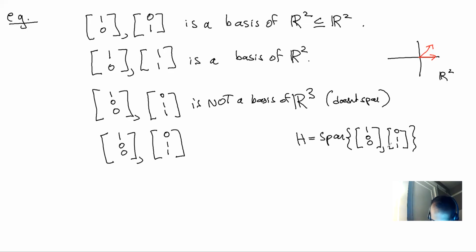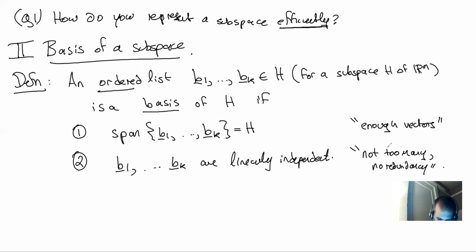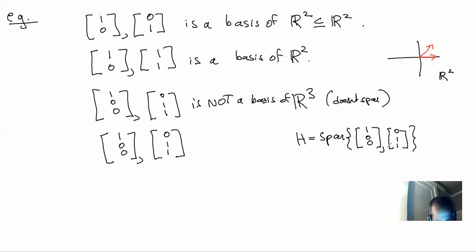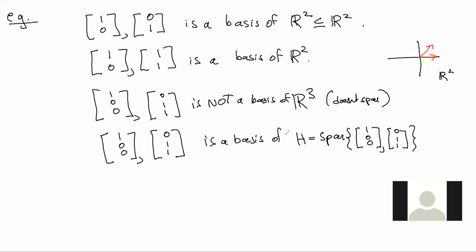When in doubt, check the conditions. Yes, somebody said yes. Why? Because H is the span of those two vectors. Yeah, but there's another condition. They're linearly independent. So are these vectors linearly independent? Yeah, pivot in every column. So it is a basis of H.